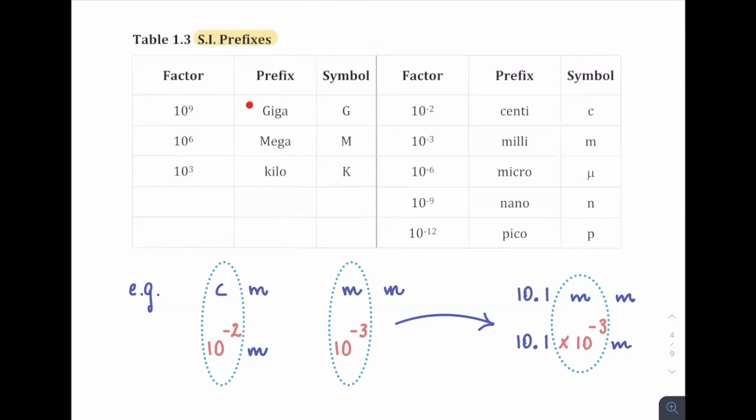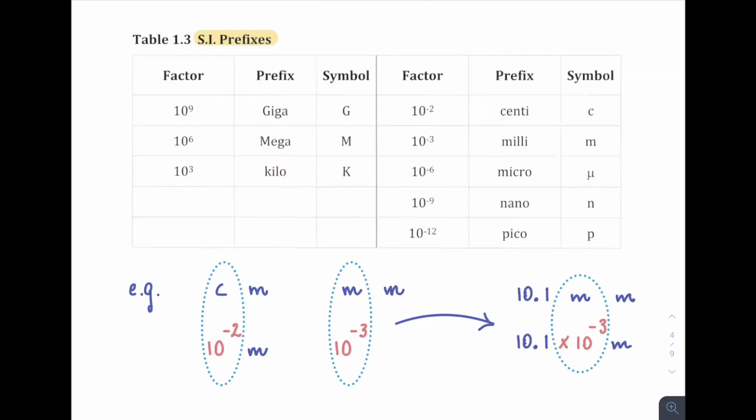These include giga, symbol capital G, mega, symbol capital M, and kilo, capital K. So we can have gigahertz, for example, megabytes, kilometers.